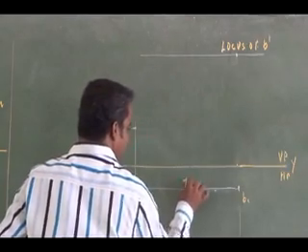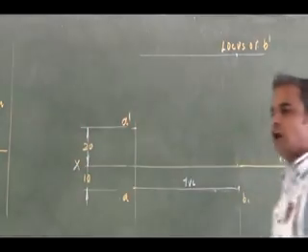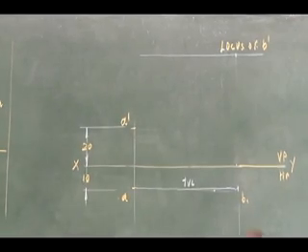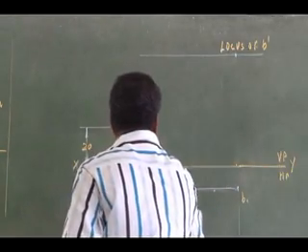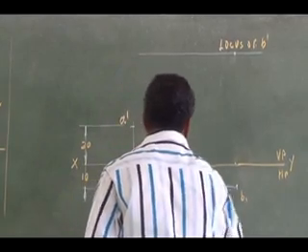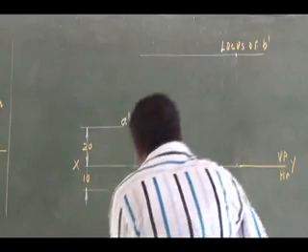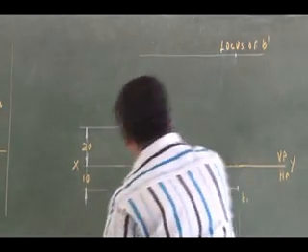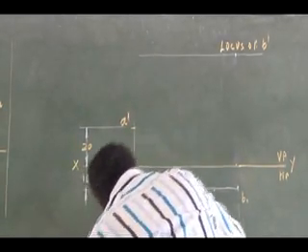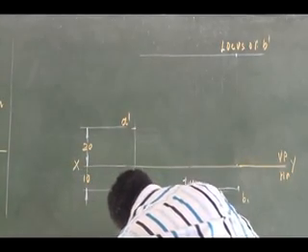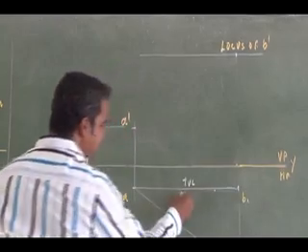So the top view inclination is 30 degree. What can I do? I can draw a 30 degree line. This angle is 30 degree.